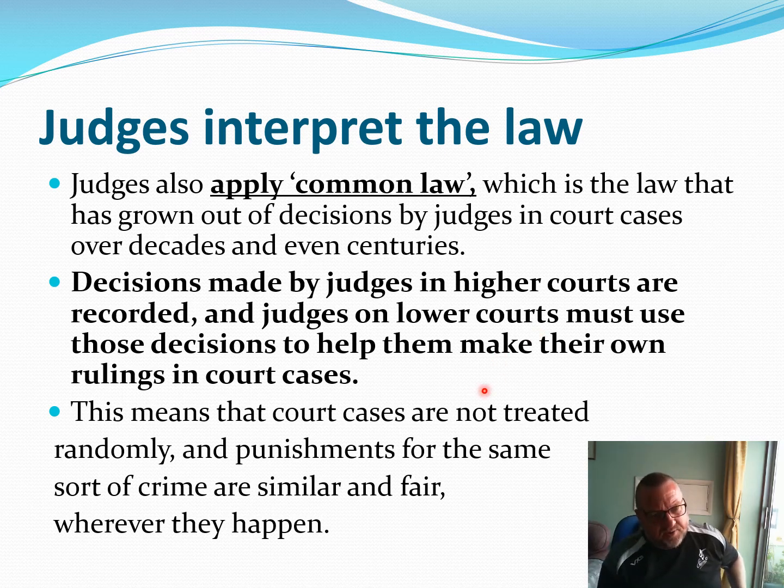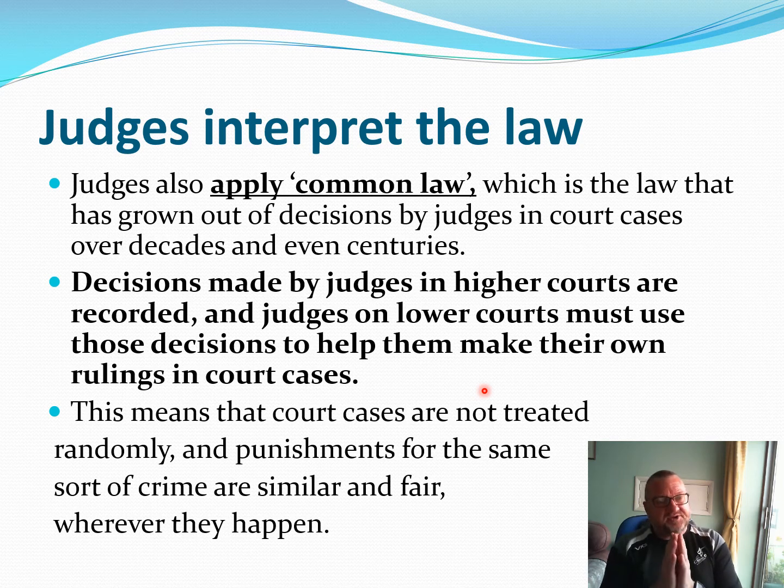So this is important because in order for there to be justice in the country, you've got to have fairness, which means that if I am tried for murder in a court in Plymouth, or a court in Hull, or a court in Edinburgh, or a court in London, if 4 different people have committed virtually the same crime in 4 different places, will their sentence be the same? Because if there's inconsistency, then there isn't justice, and people could challenge that.